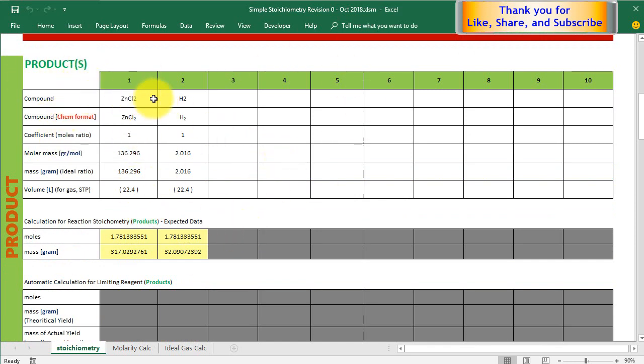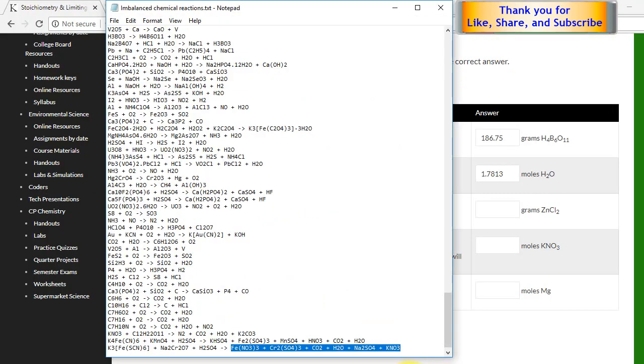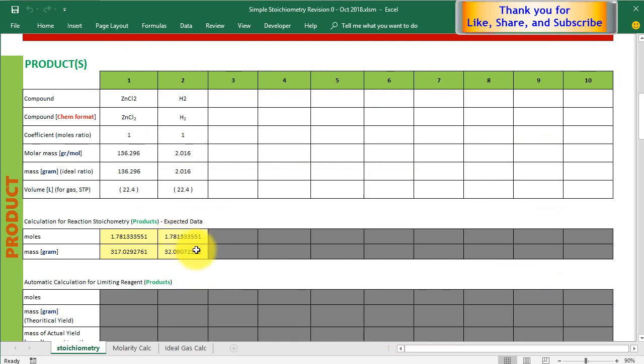So we have to go down, and from this area, this is the product area. The known data is the product, and the other product is the question. Yeah, 2.8555 moles H2. Alright, and the question is this zinc chloride, in grams.